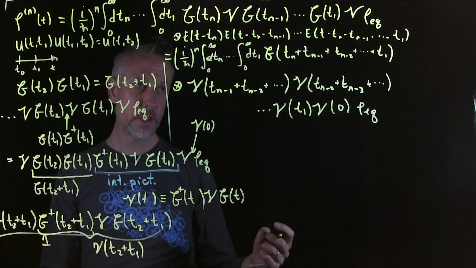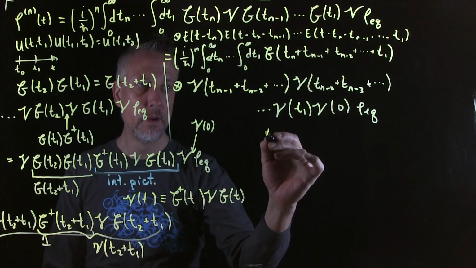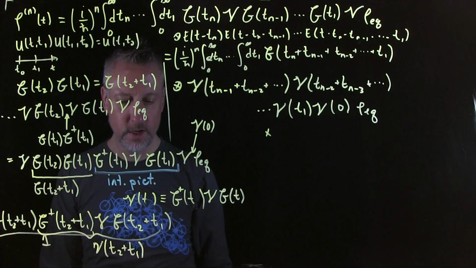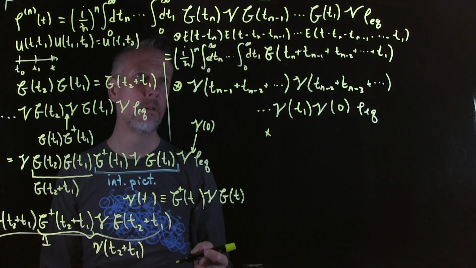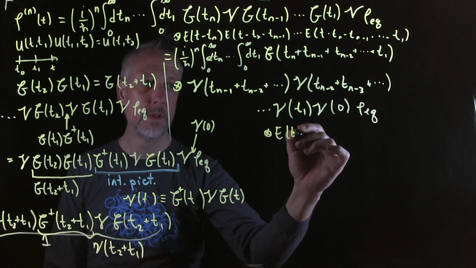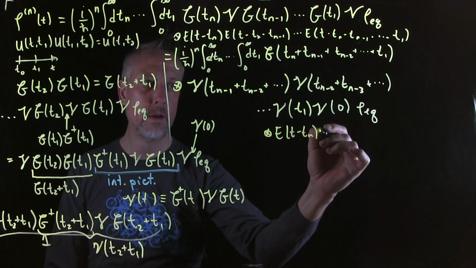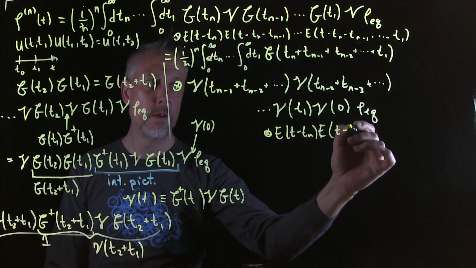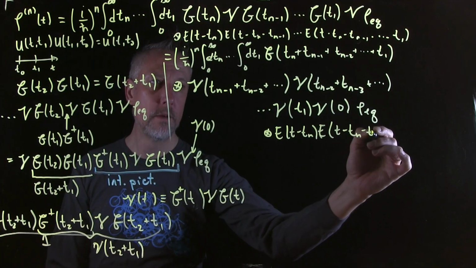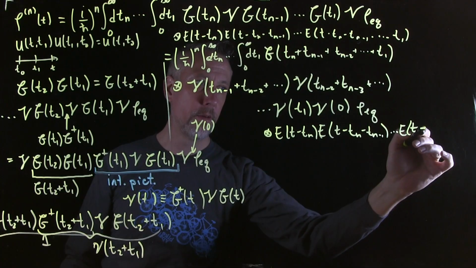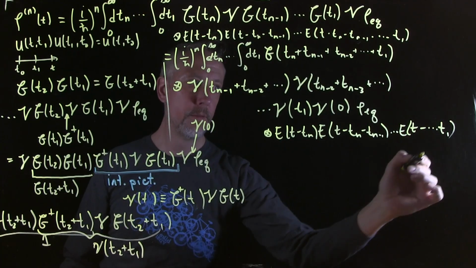That's not it, of course, because we still have the fields. So times all the fields, and as I said, you can write them in whatever order you want. Just use the same one. So T minus Tn, T minus Tn minus 1, and so on, minus T1.